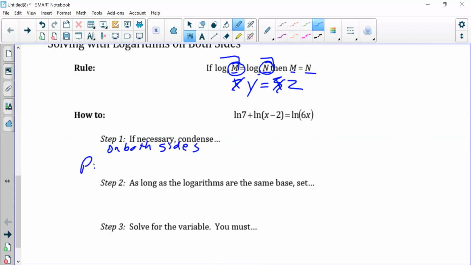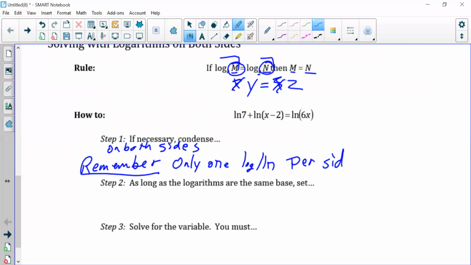Remember, only one log or natural log per side. So what I'm talking about is look right here. You see how I've got the natural log of 7 plus the natural log of x minus 2? We don't want that. One log or natural log per side.